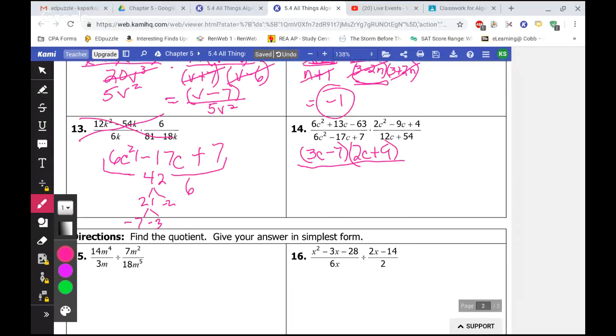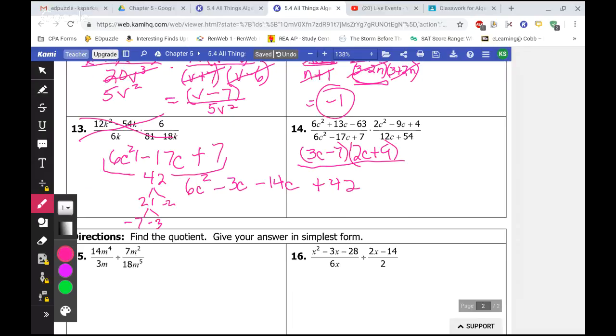So you would have 6c squared, and then you could put either your 14 here or your 3 here. Either one works. You could pick, but then that would be 3c, and then minus 14c. Those are the two middle terms. Does that make sense, Anna? Okay. Plus 42.